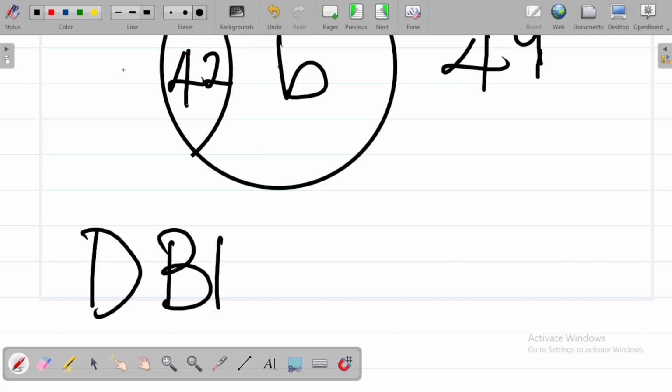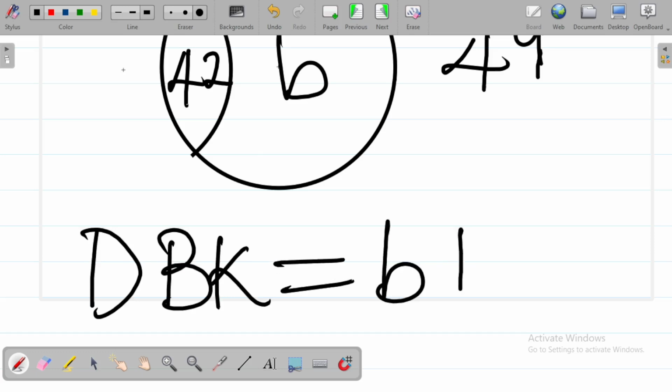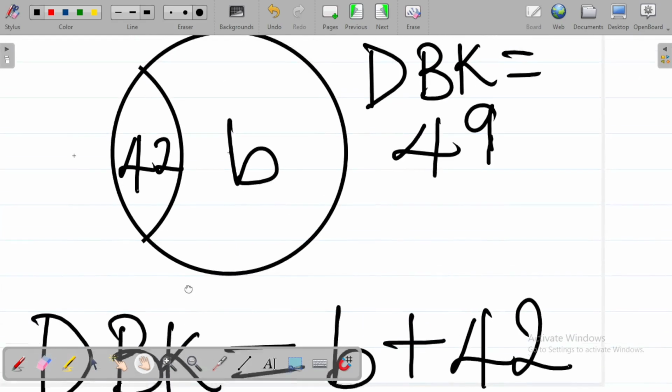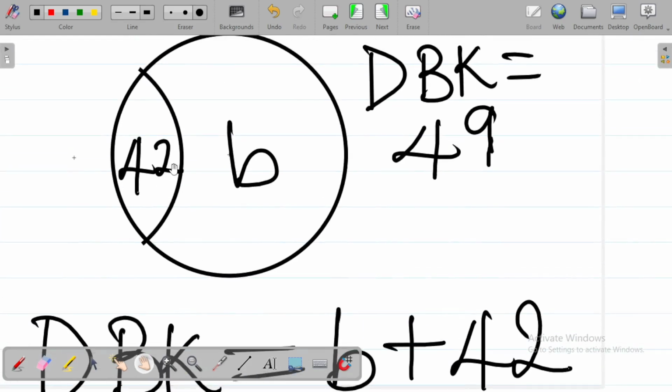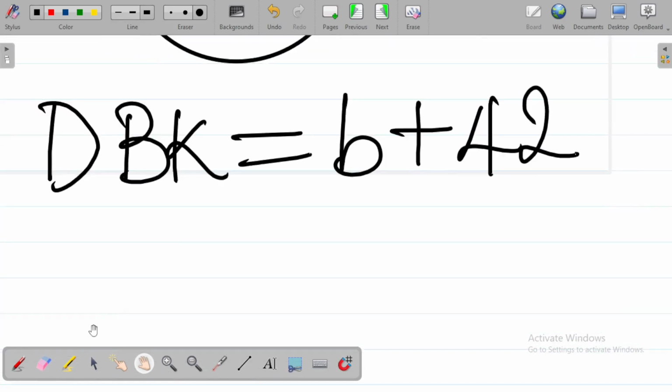DBK is the entire circle, and DBK is equal to B plus 42. So now let's make B the subject formula.